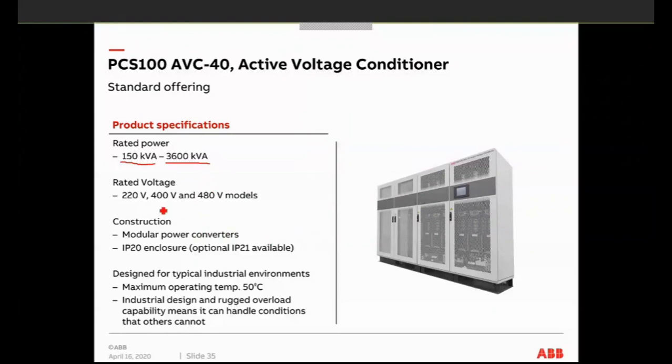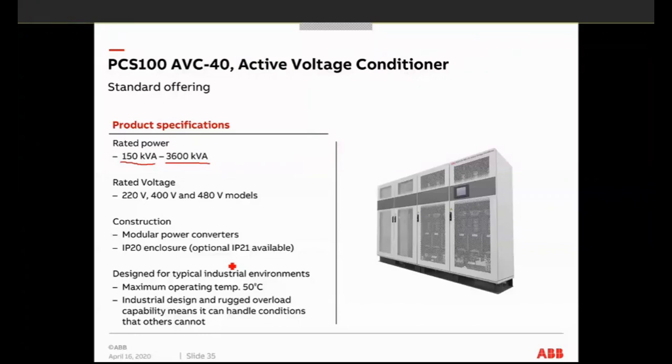Okay, so the construction of this one is a modular power converter. So we made it modular to make the cost of ownership very simple. Why? Because if it's modular, the moment you remove one module of the inverter or rectifier, then you can actually replace it with a new one. So what does it mean?